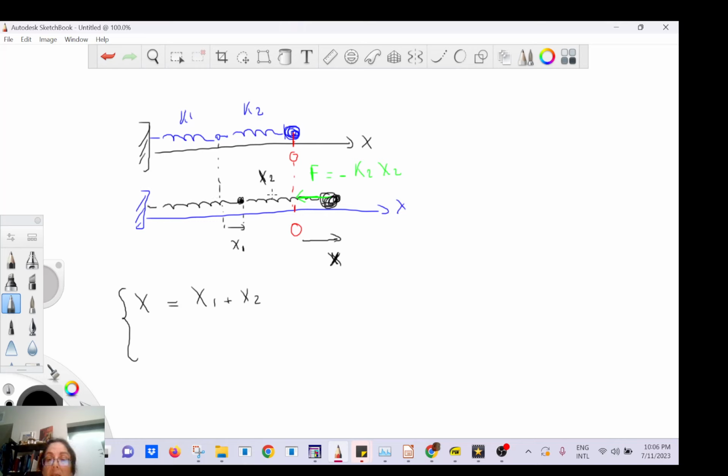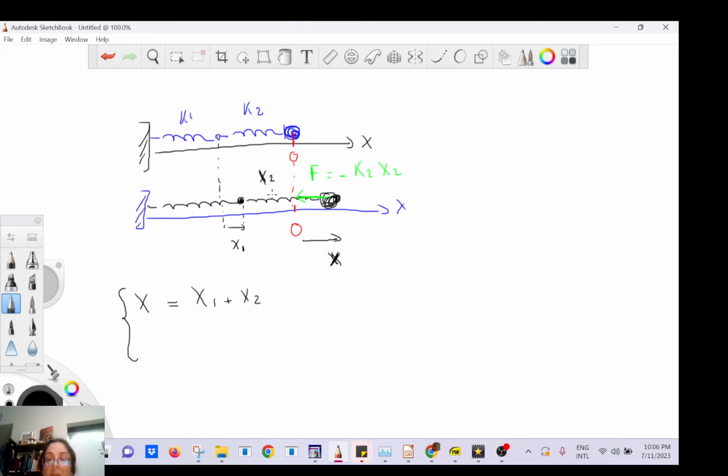Because if we neglect the mass, that force will be the same as this one. Those forces will be equal to each other. For every action, you have a reaction. So you have K1 x1 in magnitude equals K2 x2.